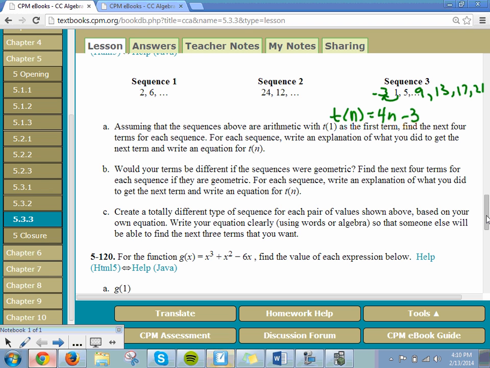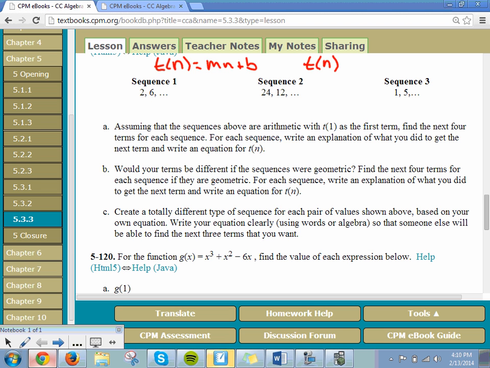All right. Then in B, it said, would your terms be different if the sequences were geometric? Find the next 4 terms, and we're going to write an explicit equation for t of n. So what we're going to do is look to find out what happens when it's geometric. Before, we were assuming arithmetic, so our equations for t of n were in the form of mn plus b.